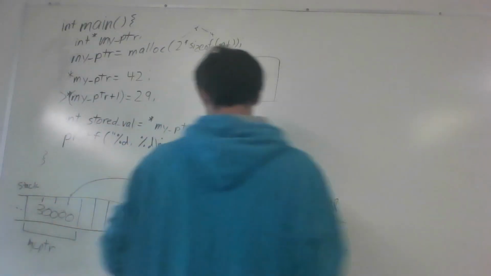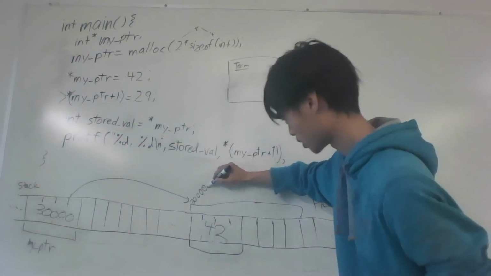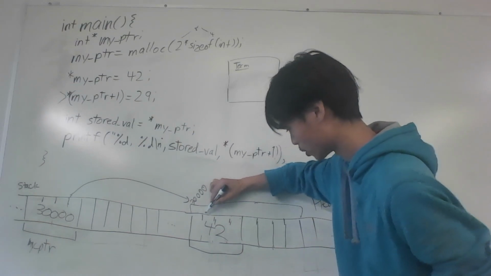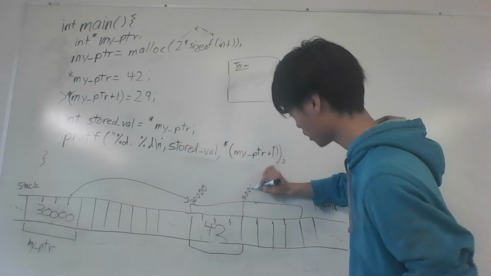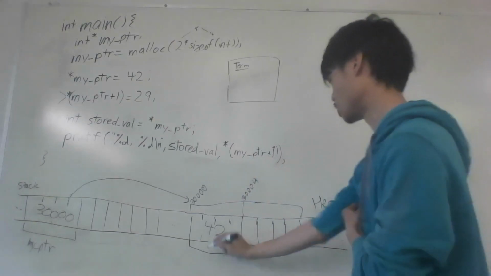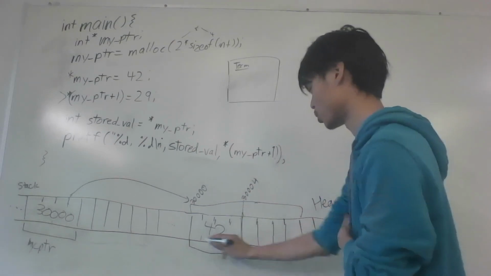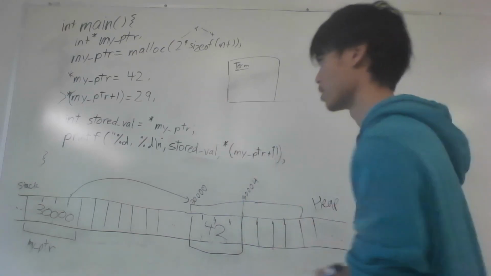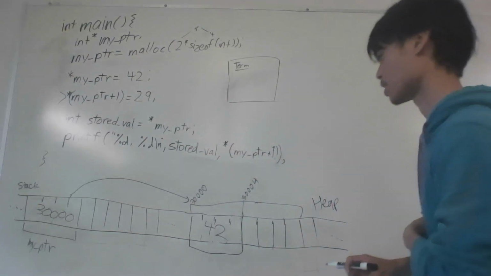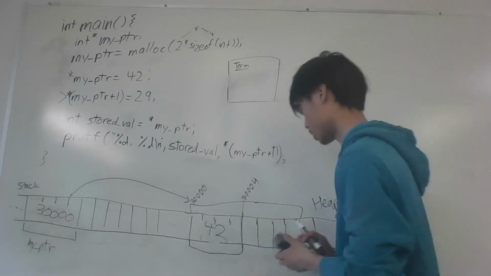And we can see in memory, if this is address 30,000, this will be address 30,001, 30,002, 30,003, and 30,004 is right here. The reason this is useful is we just skipped the chunk of memory that was used to hold the value 42. And this is why we do this multiplication of the type size before we do the addition.